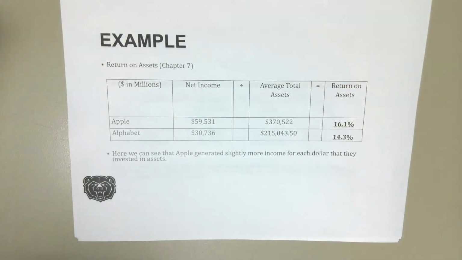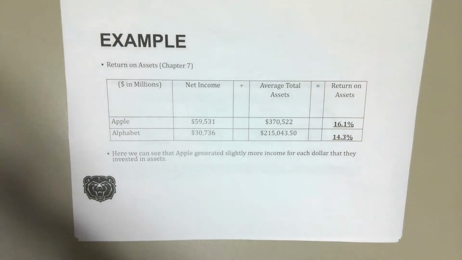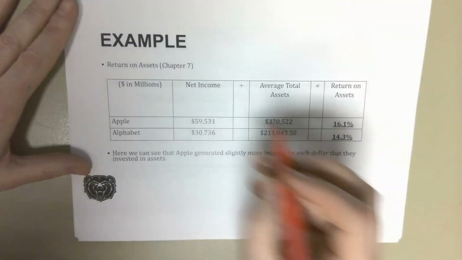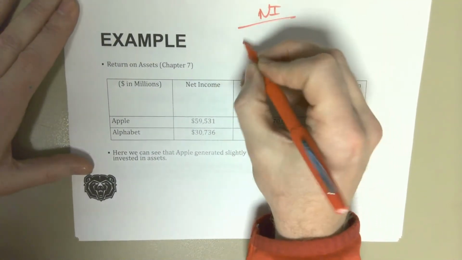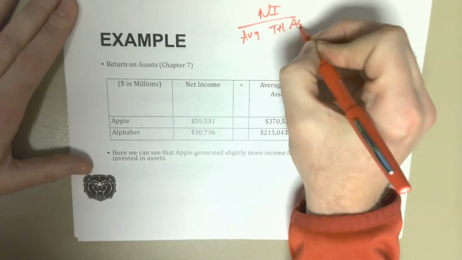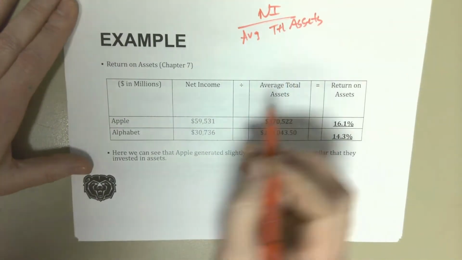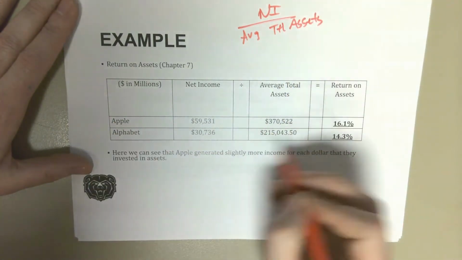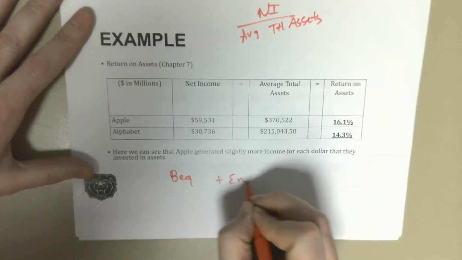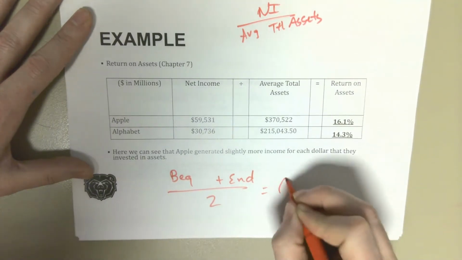Okay. So first, let's look at return on assets. This is one we learned in Chapter 7, so this is not a new ratio for us. It is your net income divided by your average total assets, right? Okay. So we take our net income from each of them and divide by average total assets. Remember, it's beginning plus ending over 2 equals your average.